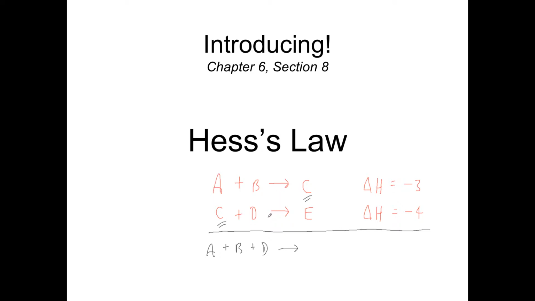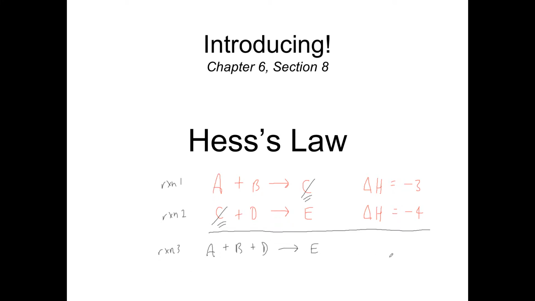Look at that. Say it out loud. A plus B plus D, can you see these guys cancel? A plus B plus D is going to produce E. That's right. Okay. So this reaction, let's call this reaction 1, this reaction 2. Reaction 3 is the sum of these other two.